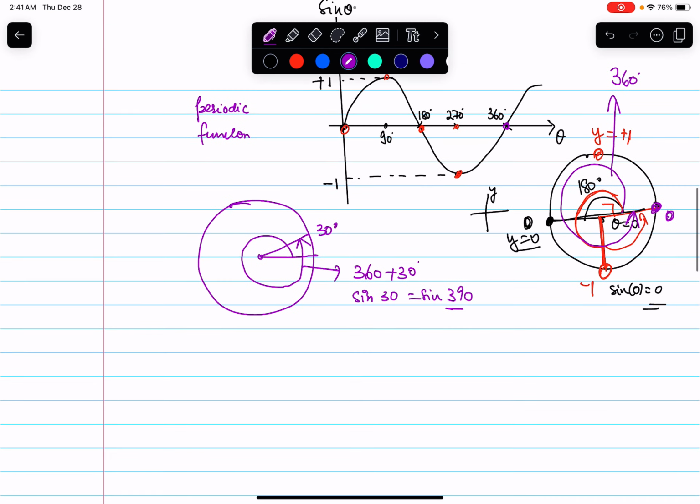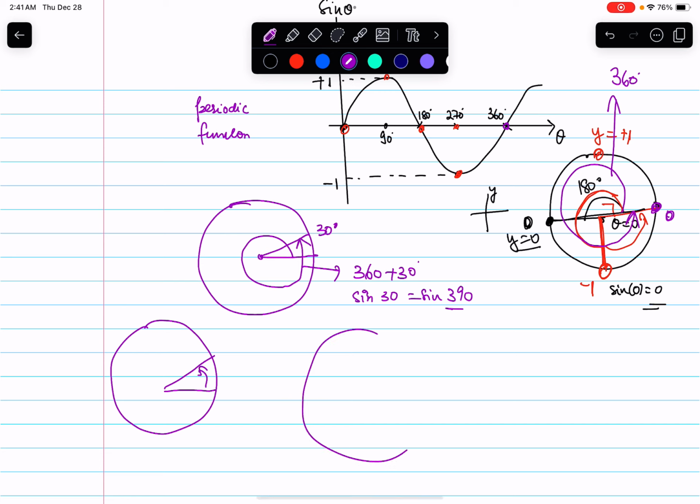It's because for 30 degrees, I just go this way, right? And for 390 degrees, I first make a full turn and then I take another 30 degrees. So this is 390. And at both points, the corresponding cosine of theta and sine of theta value is the same.